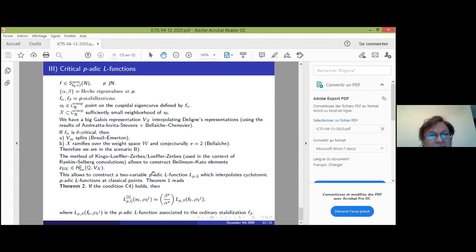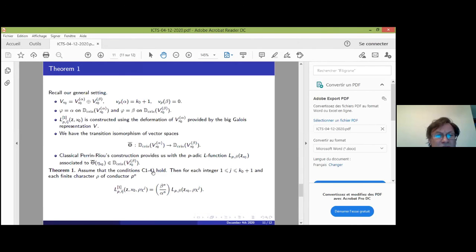Please again. At the end of your theorem, there's a relation between the special values of the P-Adic functions. Just this page, the last line, the equality. There's a factor beta to the power n over alpha to the power n. Yes. And why does this factor not depend on j?